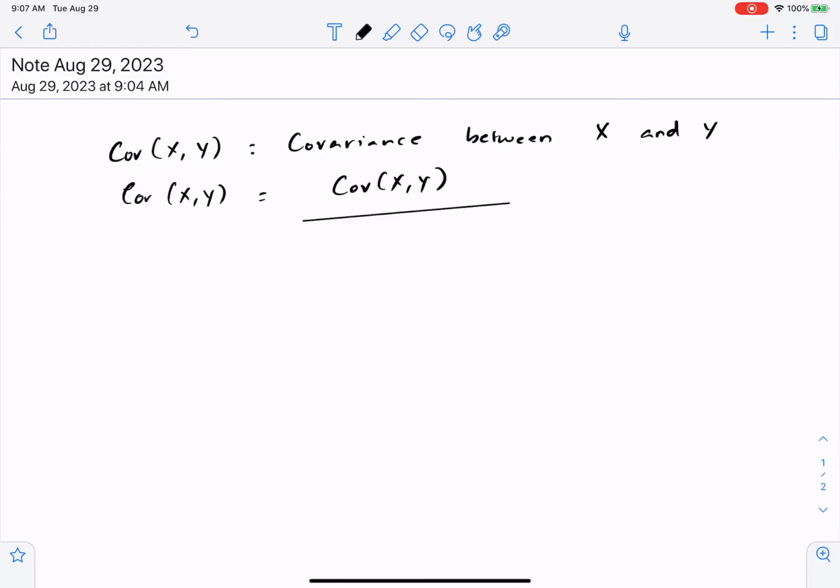I did. So correlation of x comma y is simply covariance divided by square root of variance of x times square root of variance of y. That is nothing but the letter R that you might have seen in linear regression.